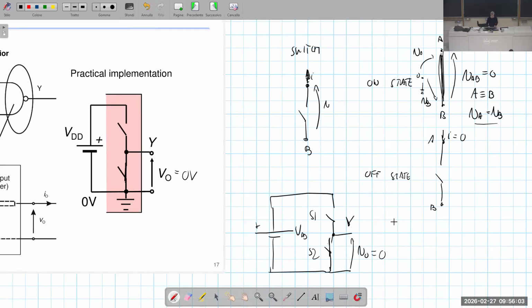And so this is the way, in practice, the output of a digital gate works. There are switches, simple switches as in this case, or networks of switches that can connect the output either to the supply, the positive supply voltage, which typically encodes the 1, or to the negative supply voltage, which typically encodes the 0.